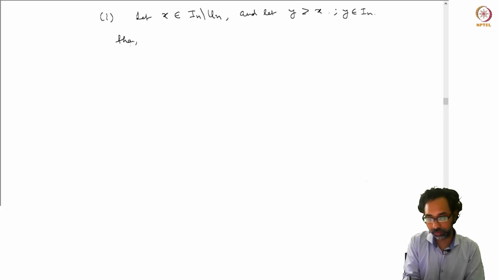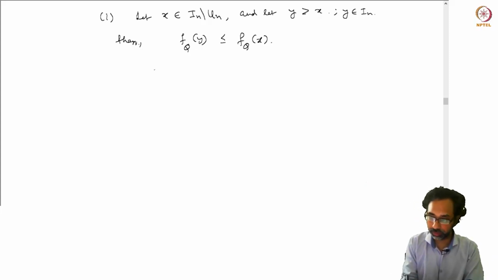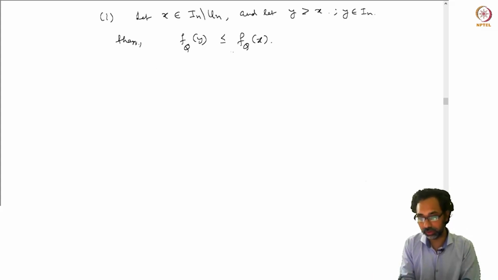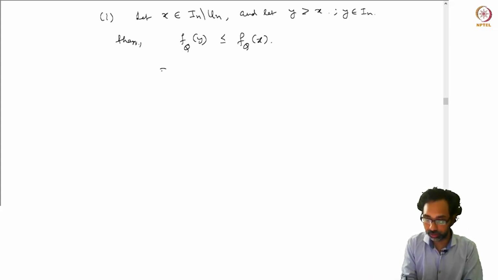Then what we get is that f(y) minus qy is less than or equal to f(x) minus qx, again by the rising sun lemma, because these are points in the sun.